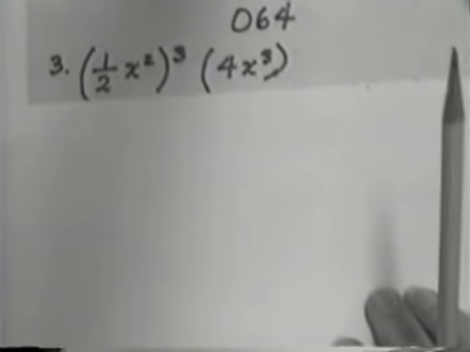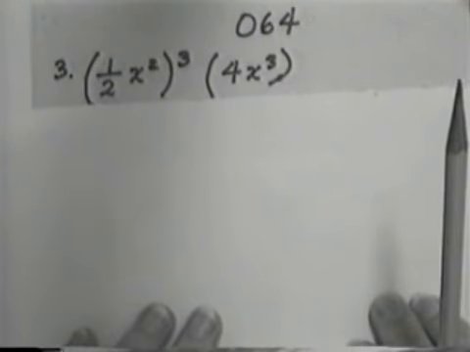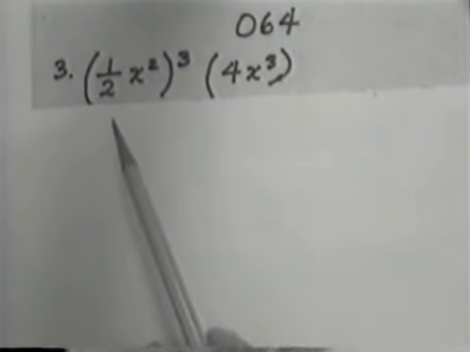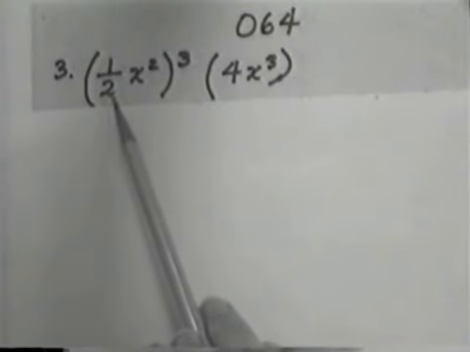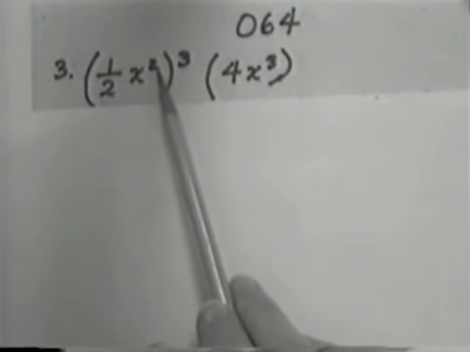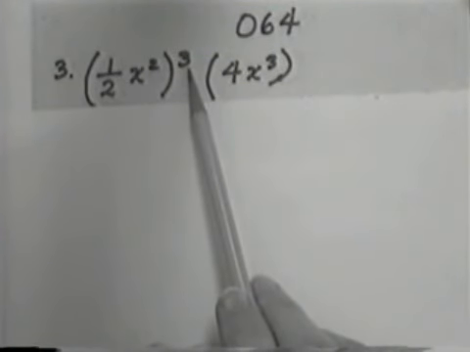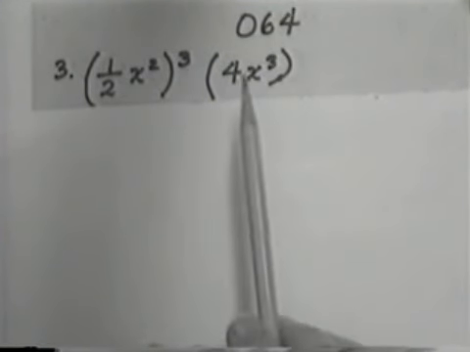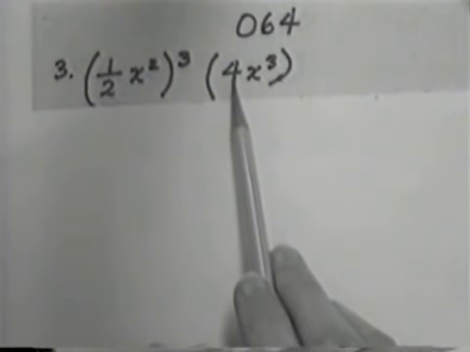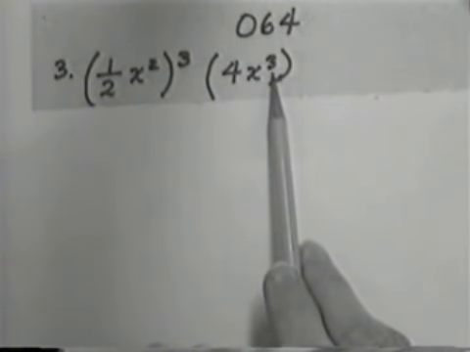For example 3, let's use one that involves a fraction. For this one we have, in parentheses, 1/2 x to the power 2, close the parentheses, exponent 3. In the next set of parentheses, 4x to the power 3.